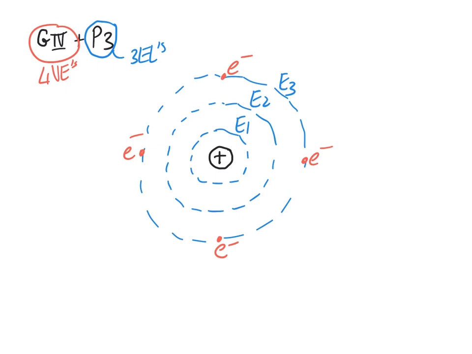And the 2 inner energy levels, the core energy levels, or the core shells, have very specific amounts of electrons that can fill them. So energy level 1, we know, can only take a maximum of 2 electrons. Energy level 2 can take 8: 1, 2, 3, 4, 5, 6, 7, and 8.